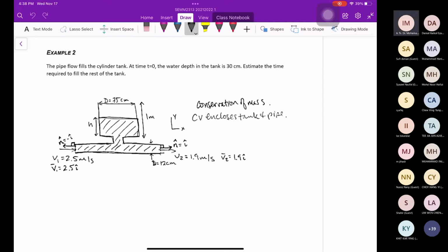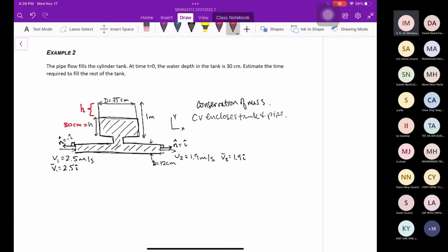The water depth in the tank is initially 30 centimeter. That means initially H is 30 centimeter. Estimate the time required to fill the rest of the tank. So what is this height?